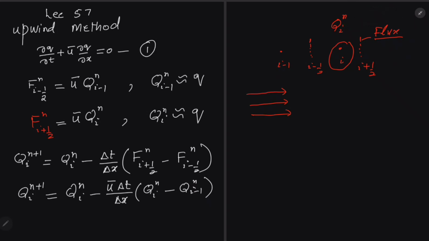Okay, so this is what we have over here with the assumption that u bar is greater than 0. We can rewrite this numerical method as follows. Remember that it is not always true that you are given Q. You may be given some other variable as well.